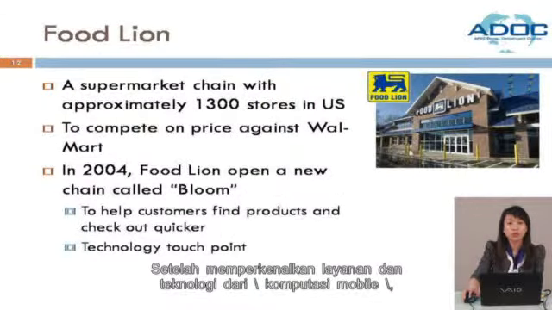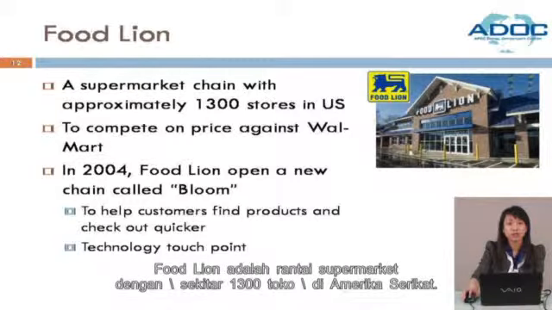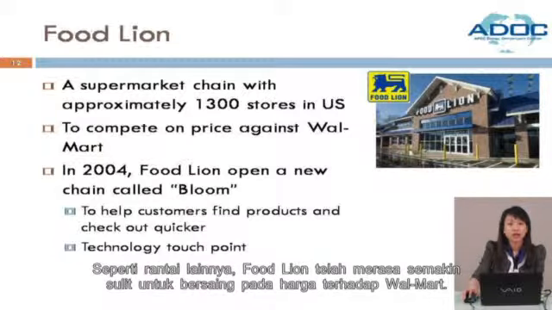After introducing the services and technologies of mobile computing, I'm going to show you a company's story, Food Lion. Food Lion is a supermarket chain with approximately 1,300 stores in the U.S. Like other chains, Food Lion has found it increasingly difficult to compete on price against Walmart.